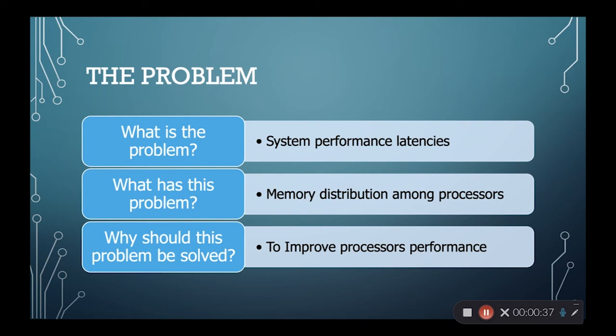So this happens on memory distribution among processors. Now, why is it a concern? It's a concern because we need improved processor performance. So then we have to find a way around improving this.